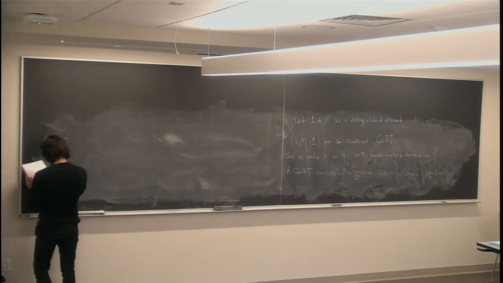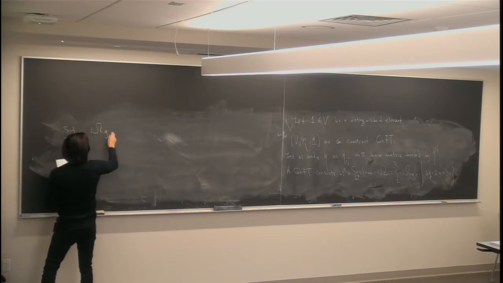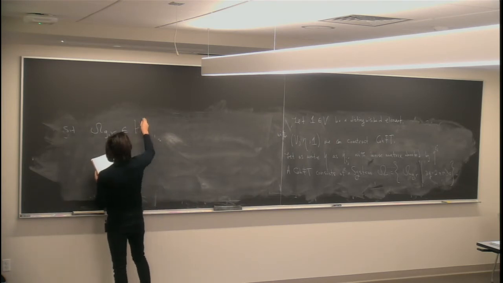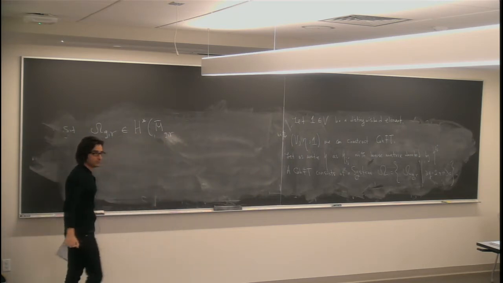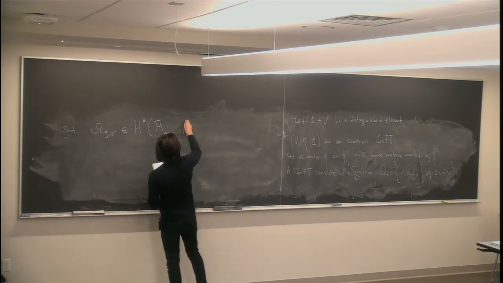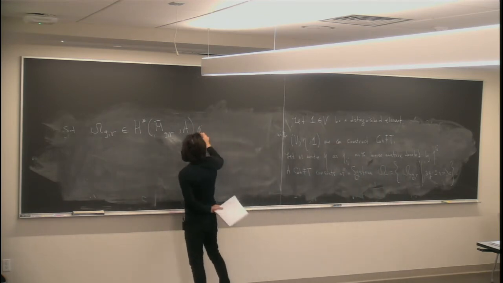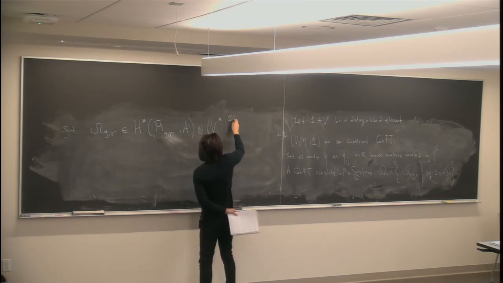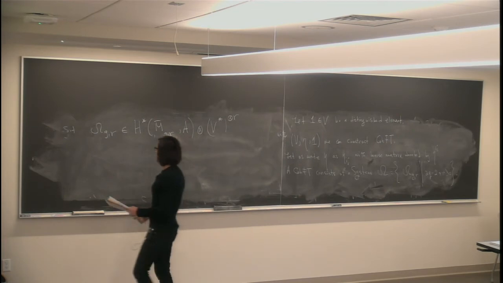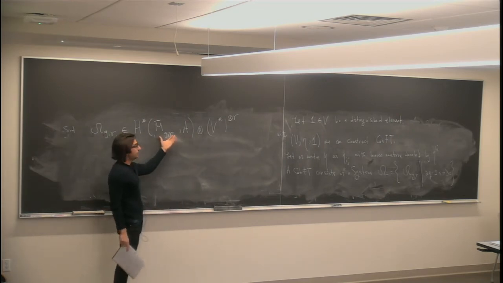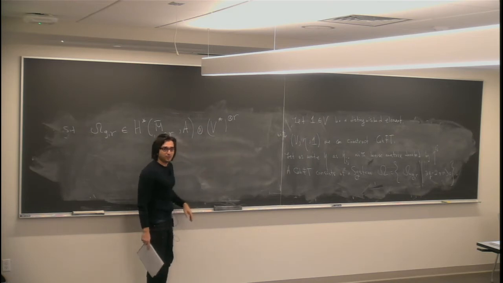So omega gr is an element of the cohomology of the compactified moduli space of genus g curves with r marked points, with coefficients taking values in this commutative K algebra A, times the dual of V, r-fold tensor product. Okay? So in some ways, it's a way of associating cohomology classes on M bar gr to elements of V for r marked points on the curves.